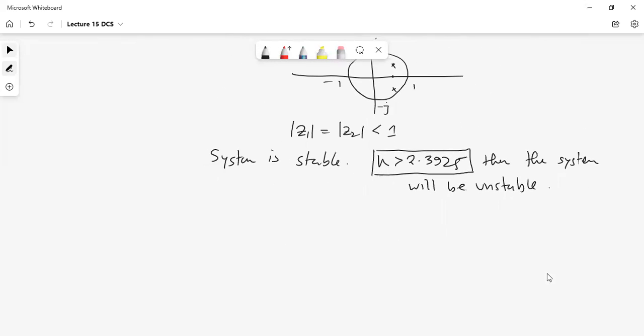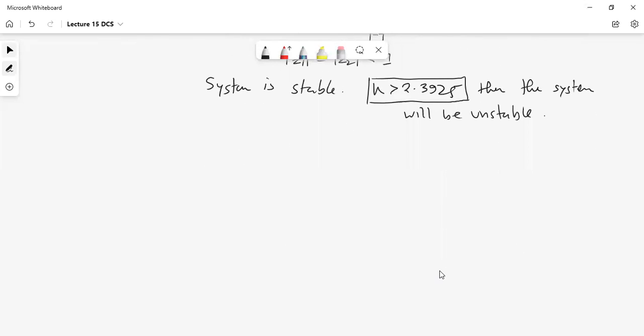Find the location of the roots of the characteristic equation based on the defined area. But the methods generally used, three methods, are methods of testing absolute stability.